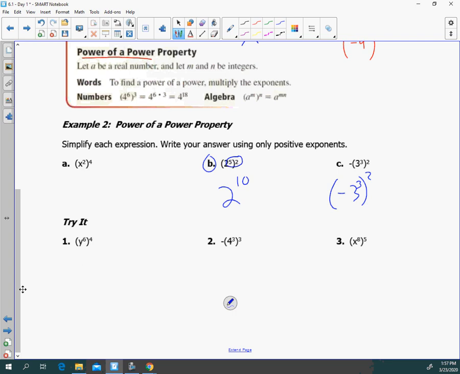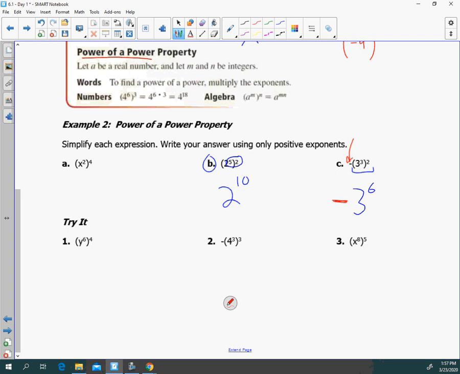So you got to see the difference between that one and this one on the inside, right? It's on the outside, we kind of do it last. And so this one I'm going to do that piece of information first, which is going to be 3 to the 6th power. And then that negative sign right here is just going to follow me down and give me a negative.